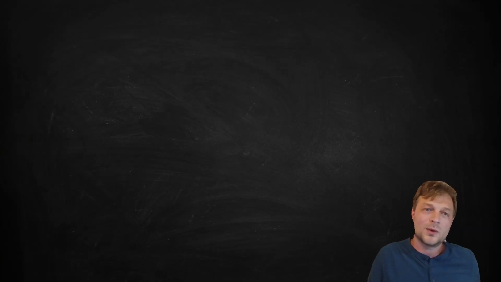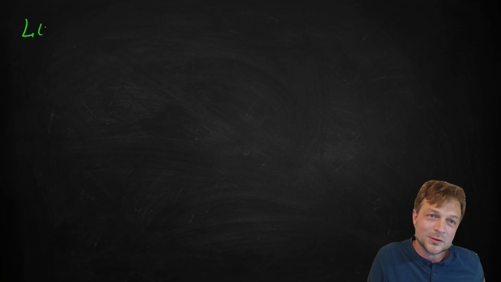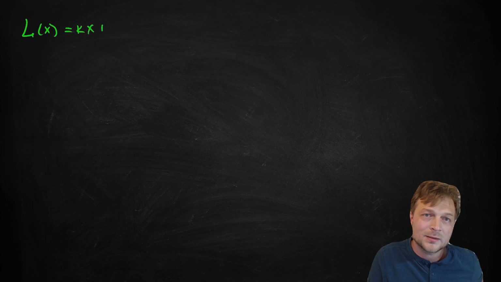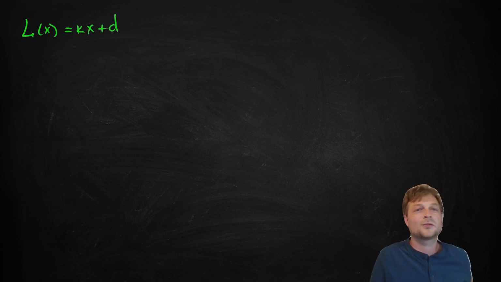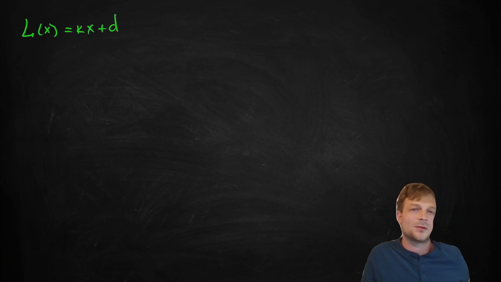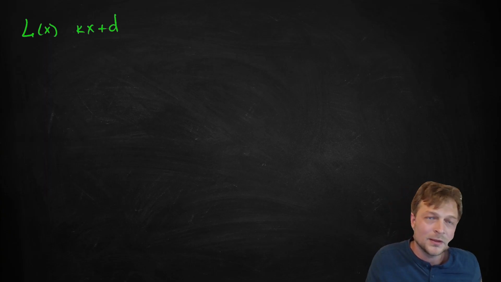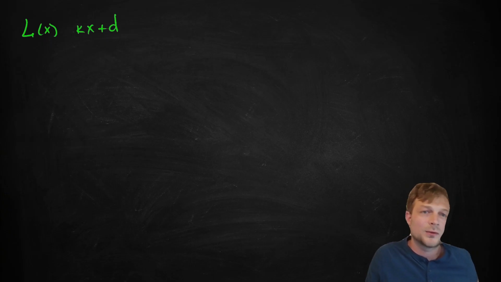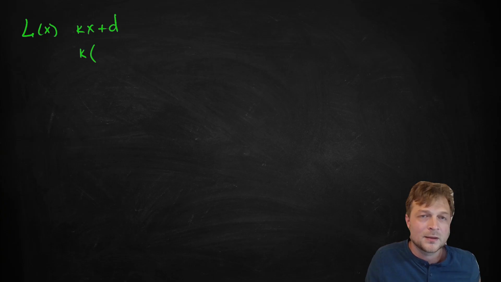So I want to talk about a linear transformation. I could write it as kx plus d. That's a linear transformation with respect to x. But I could also write it as k, some different k already, times x plus d.